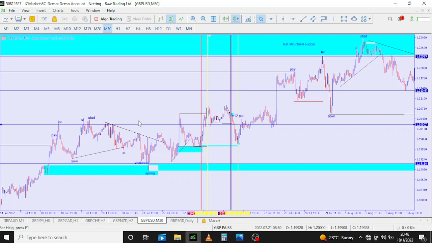Remember, you see our overall bias, it's down, we are bearish, but we are taking this counter trend to sell it at the top.